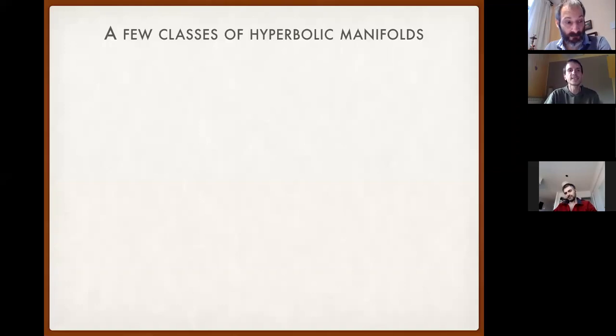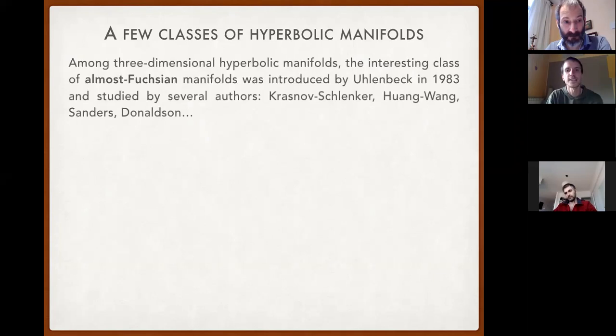So let me start with some motivation. The main motivation we should keep in mind behind this work is this class of hyperbolic three-manifolds, introduced by Uhlenbeck, called almost Fuchsian manifolds. These were studied by several authors. I will give the definition in a minute.